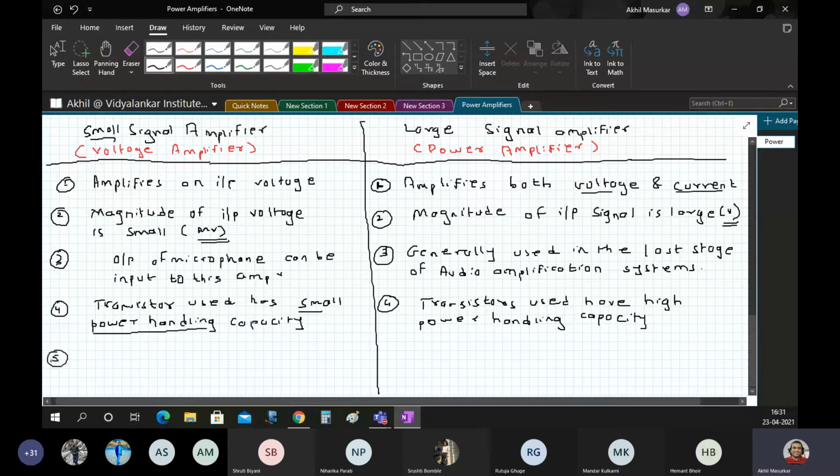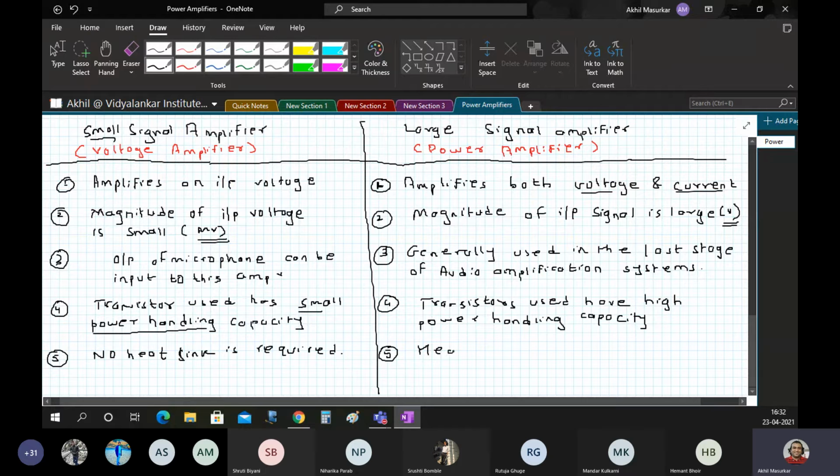Another point would be that some distortions are present. Distortions can be present in both voltage amplifier as well as power amplifier, so I'm not writing it as a differentiating point. Here, since we have small power, no heat sink is required. This is a very important thing because a heat sink might be 10 times the price of the transistor.